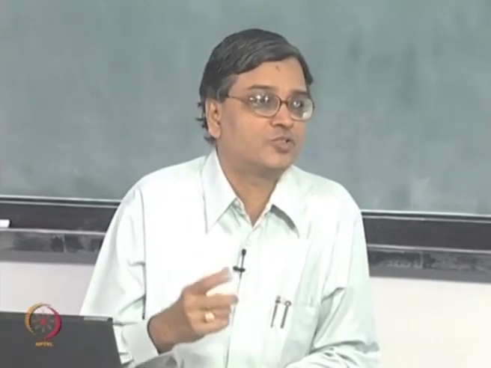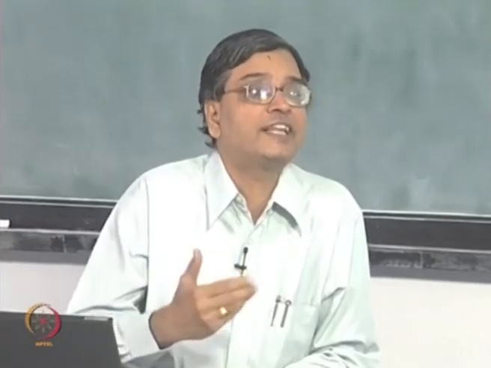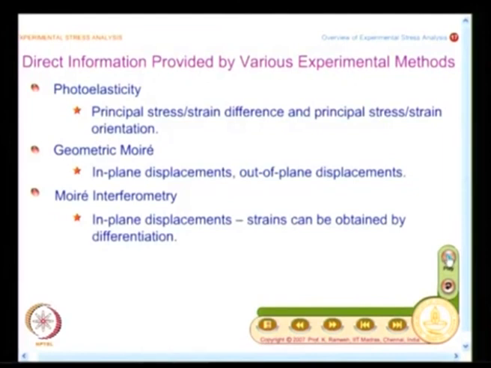In Moire interferometry, because the displacement information is very precise, because you use high density gratings, strains can also be obtained by differentiating the displacement. And you should know numerical differentiation is more error prone than integration. So, even small errors in displacement will become larger when you do a numerical differentiation.